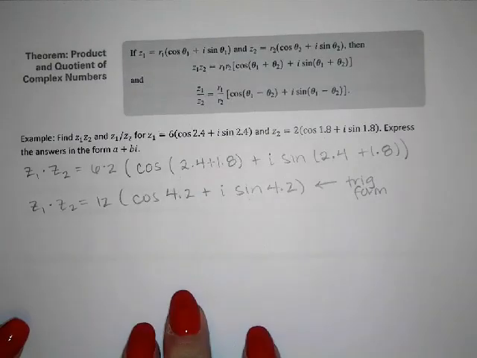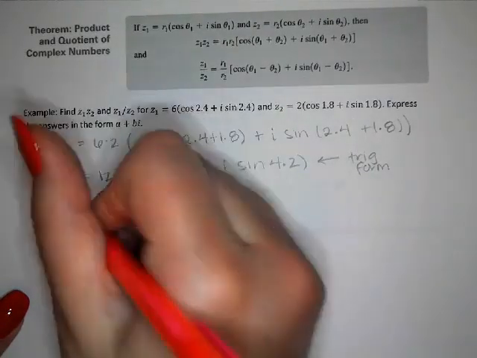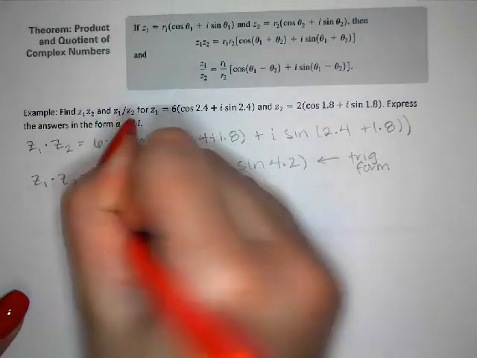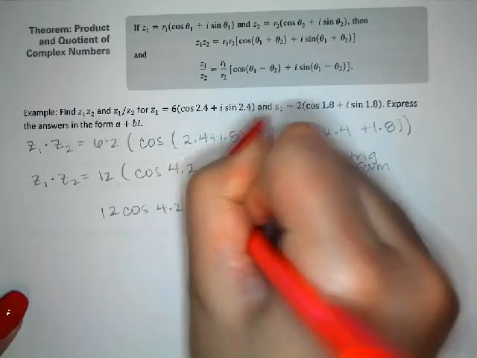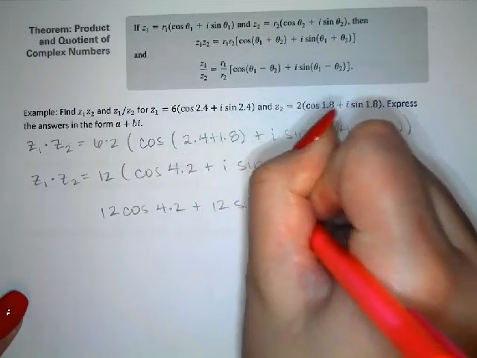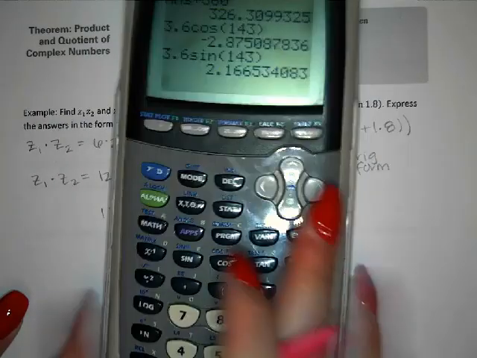So in the standard form, I get 12 cos 4.2 plus 12 sine 4.2, and I'm going to put the i on the end. Then I'm going to go ahead and actually see what that gives me. Since we're talking in radians now, I have to change my mode into radians.